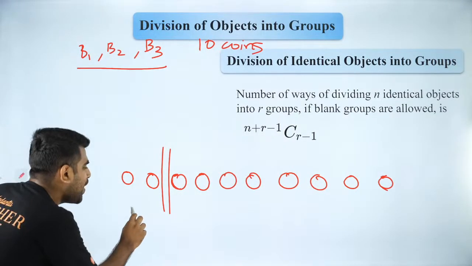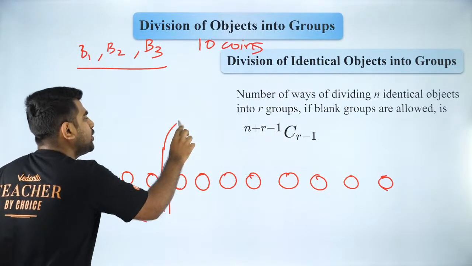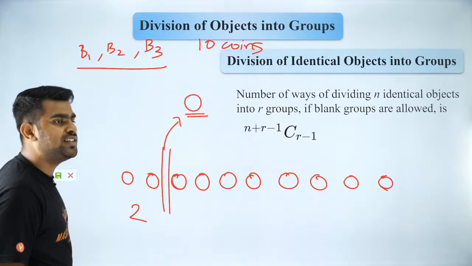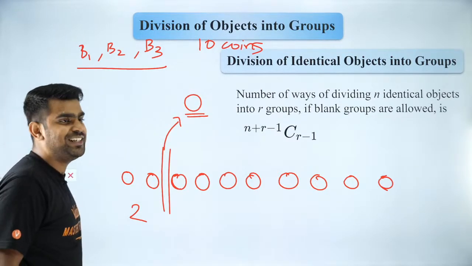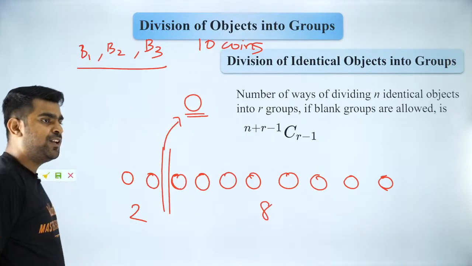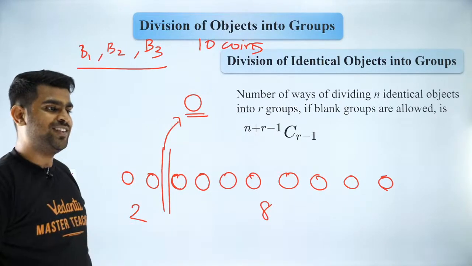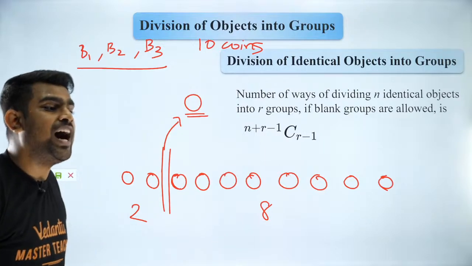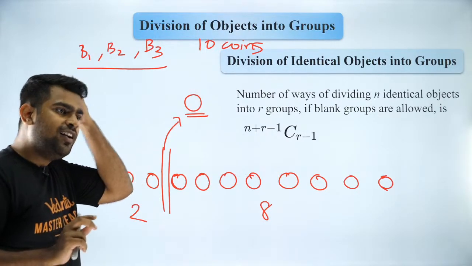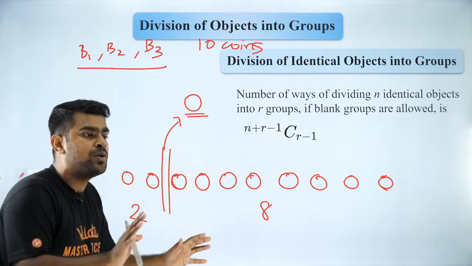This means beggar 1 gets 2 coins, beggar 2 gets 0. Aditya fooled beggar 2. He didn't give him anything. And beggar 3 gets 8 coins. That is what this means. Are you guys able to follow that? Everybody? Yeah? So this is a conceptual understanding.